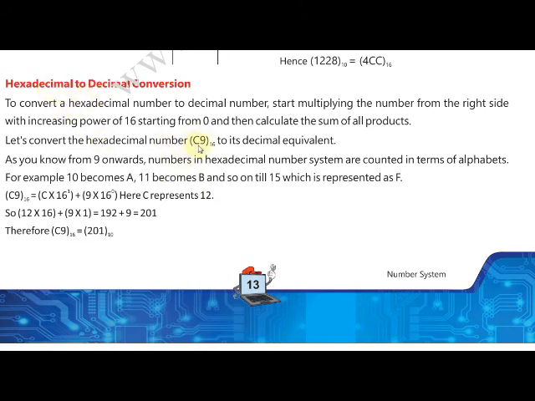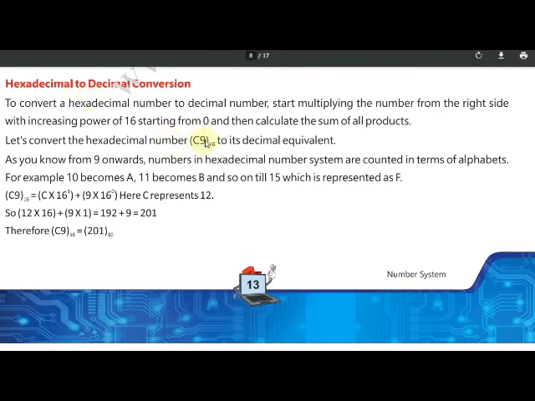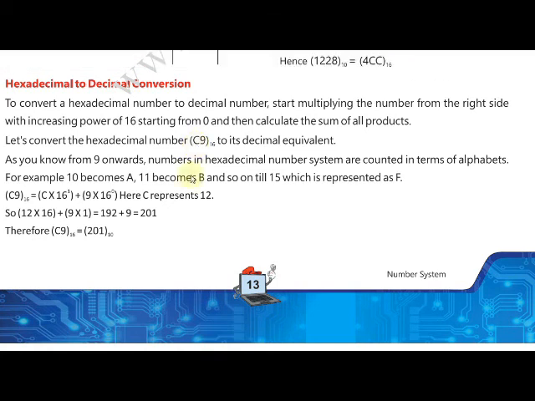We have the hexadecimal number C9, and we have to calculate which value it represents in decimal. We use the right to left method to calculate. So first what will come? 9 into 16 raised to 0, then plus C into 16 raised to 1.